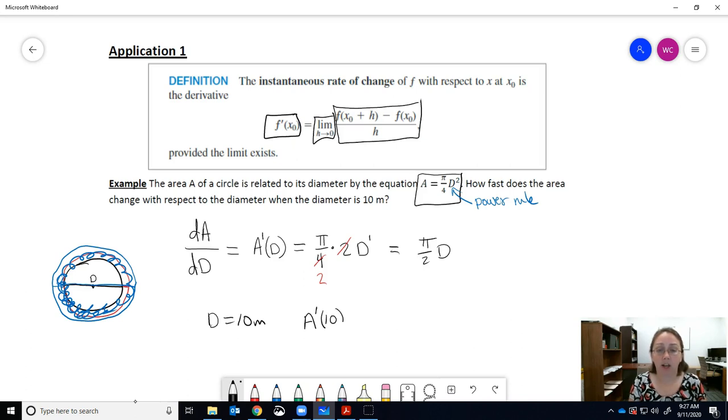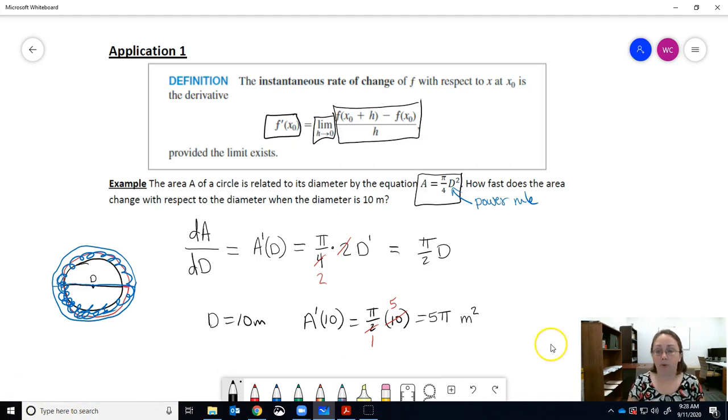Well, plug in 10 to your derivative, so pi over 2 times 10. We can reduce that. 10 divided by 2 would be 5, or 5 pi. Our units are meters, and this is area, so this is meters squared.